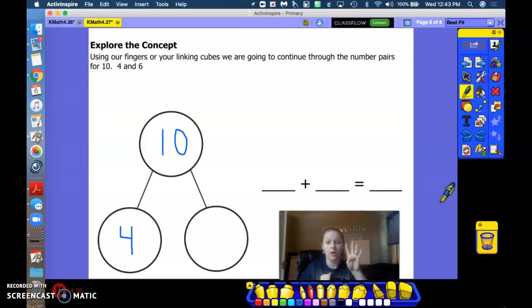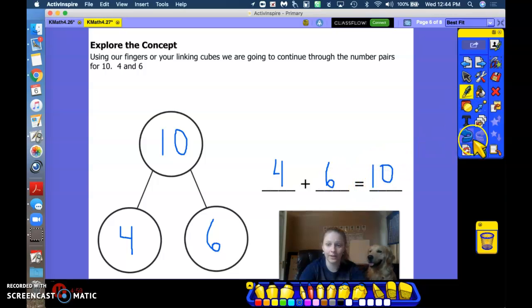Are you ready? So 4, 5, 6, 7, 8, 9, 10. We put up 6 fingers, which means we need 6 more to make 10. And that's 6 in our tower. Good job. Let's write our number sentence. 4 plus 6 equals 10. Well done.